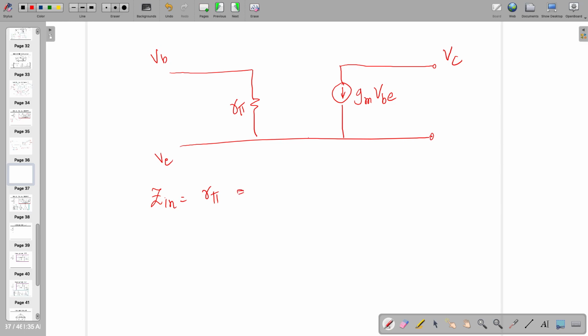This is in some ohms, right? Output impedance infinite, right? So this is something in ohms, you can call this one as low. If input is low, output is infinite.